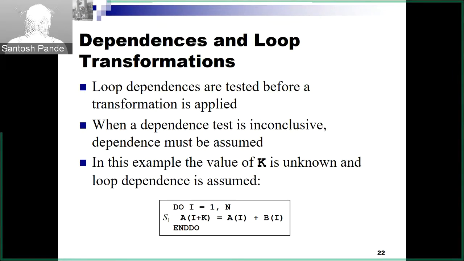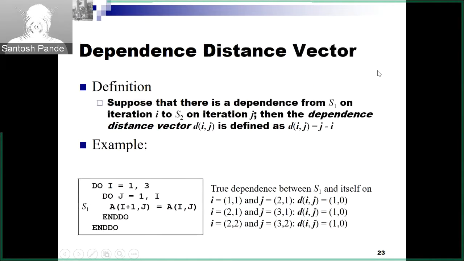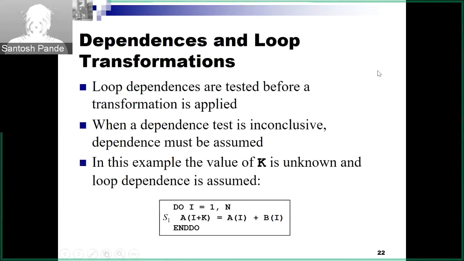Now, as far as the dependencies and loop transformations are concerned, how do we go about it and what do we do? So the big thing that we must do is we must carry out, of course, first dependence testing in a viable way. We cannot carry it out by using enumeration.